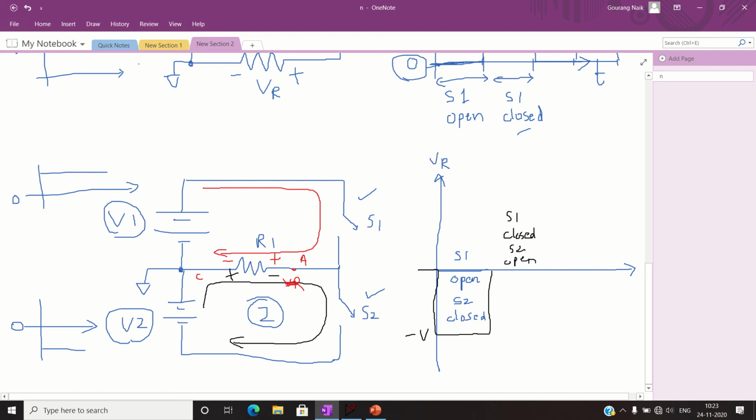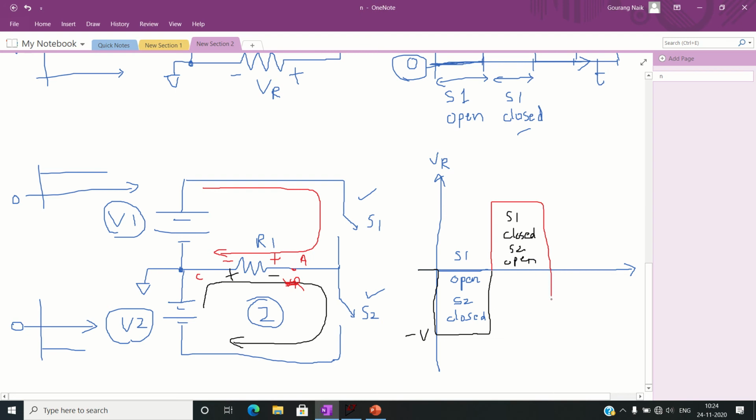Because of that you will get a current that is going to flow using S1 through the load, and the voltage that is developed across this resistance will be positive with respect to the common point. So it will happen like this.